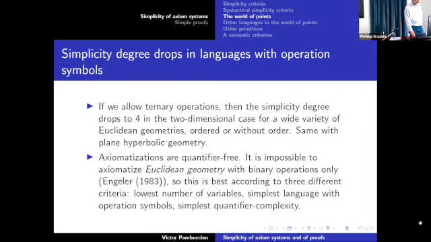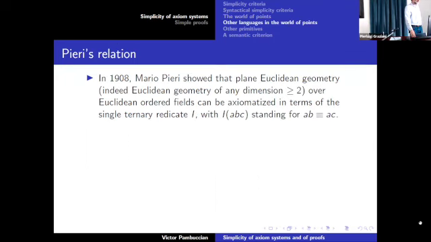So here we got to the top of simplicity. You have simplicity in every sense. Now, let's look at other languages. So we stayed somehow with Tarski, then we move to a language with ternary operations.